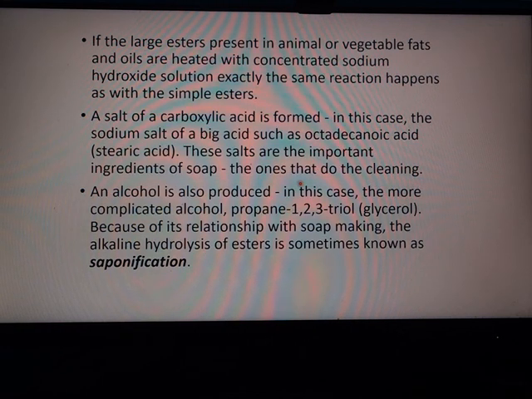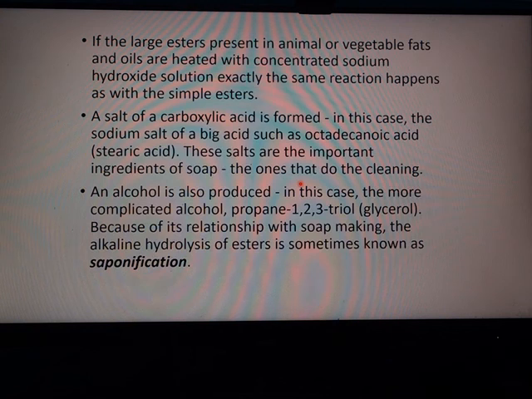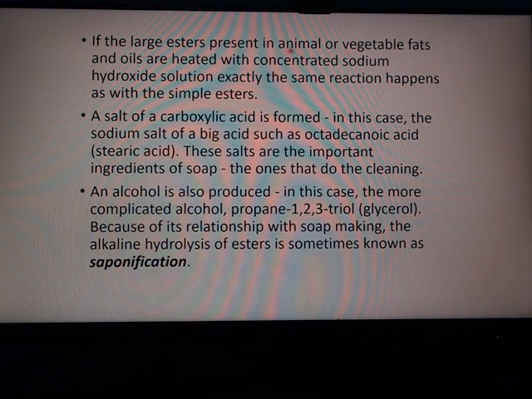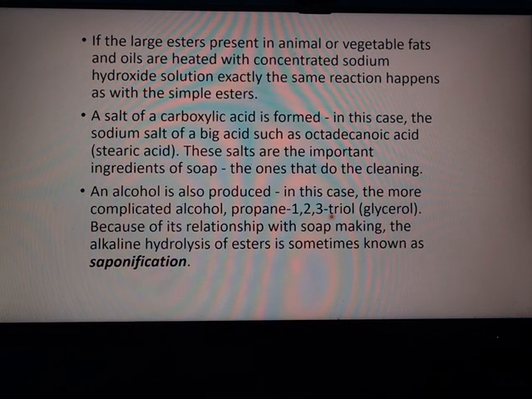What you get is the salt of a carboxylic acid, and that is a soap. With esters from animal or vegetable fat, you also form glycerol, which is propane-1,2,3-triol, and that's very useful in cleaning products.